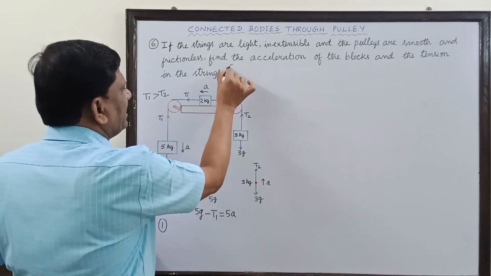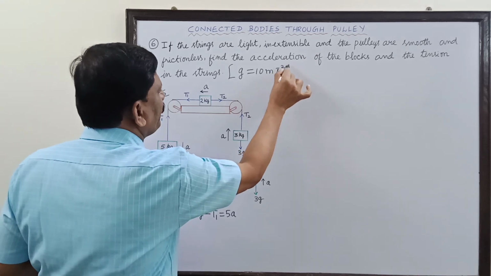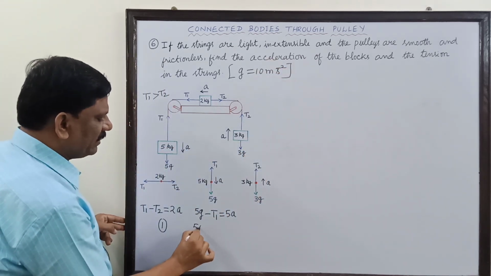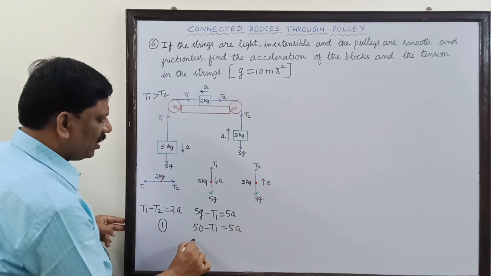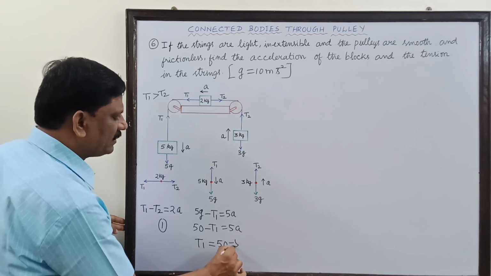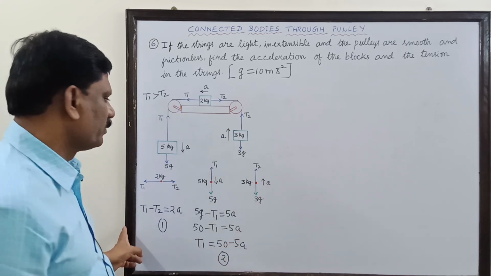Now, let us take G is equal to 10 meter per second square. So, 5 into 10 is 50 minus T1 is equal to 5A, or T1 is equal to 50 minus 5A, and this is equation 2.